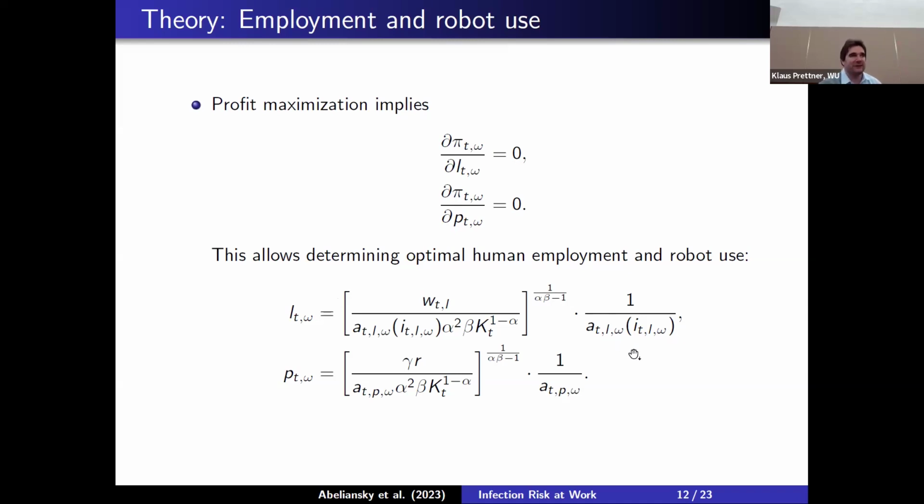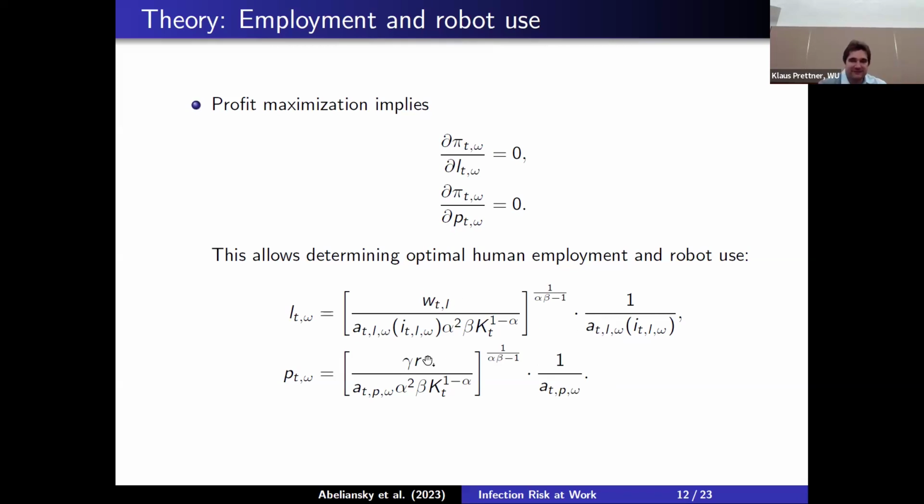So when the productivity of a factor goes up, you use more of this factor, which is the intensive margin of choice. Next we will see that there is also an extensive margin of choice: if the productivity of a factor changes, this affects the decision threshold for firms to invest in robots versus automation. That's the next step.